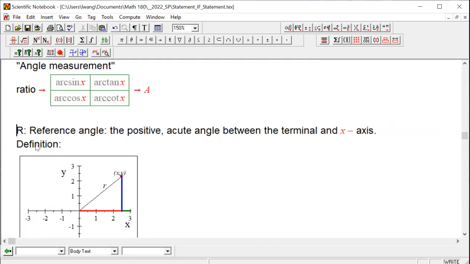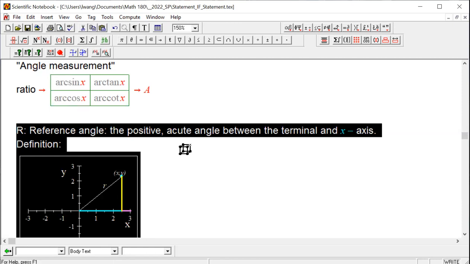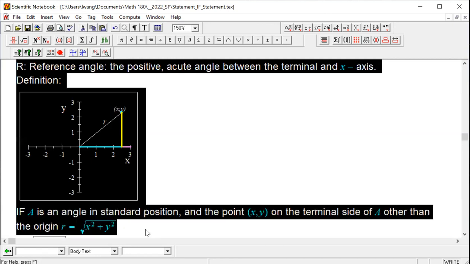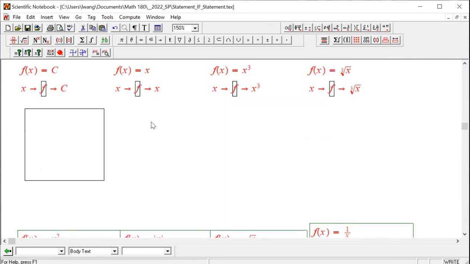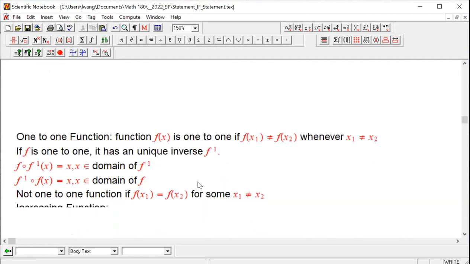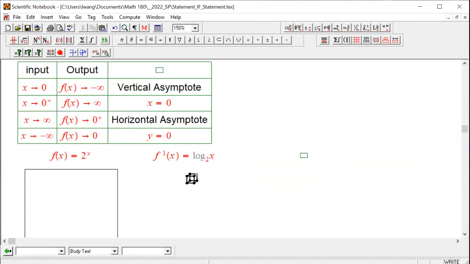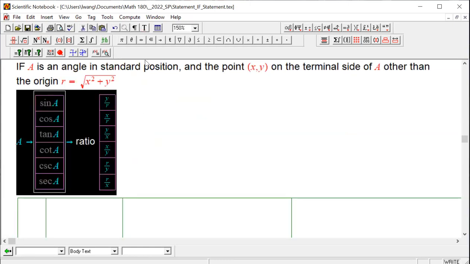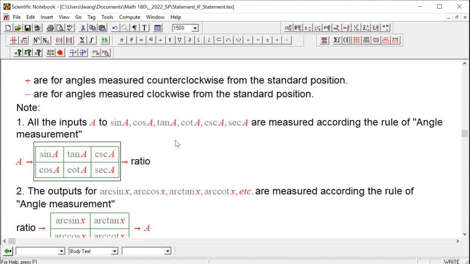Reference angle, definition. ARD. This is our golden key.